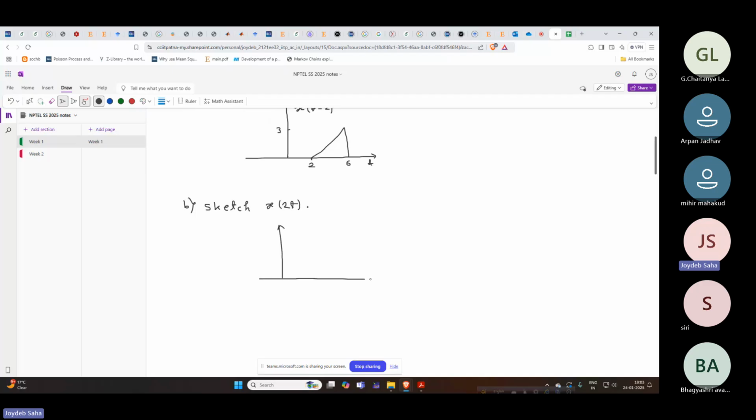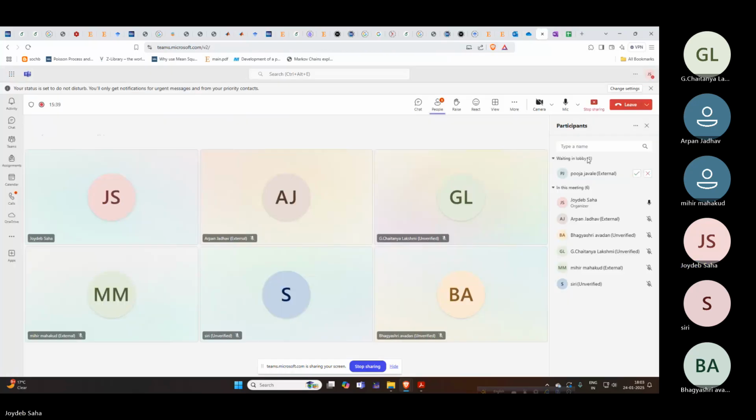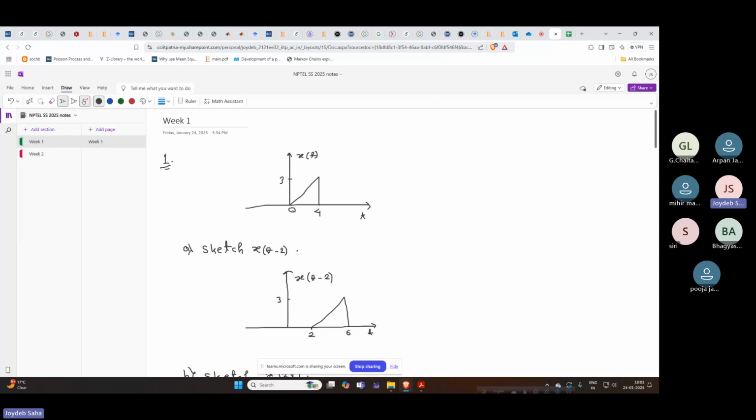Let us see. Earlier x(t) was this, x(t) is this one, right? It is starting from 0 to 4, and this ramp function is here.